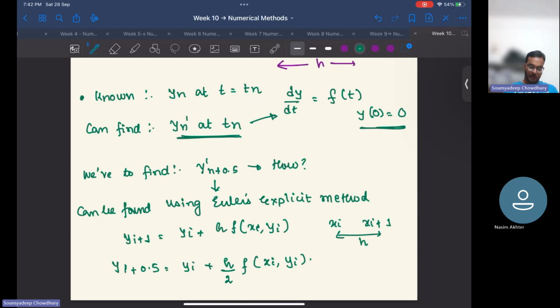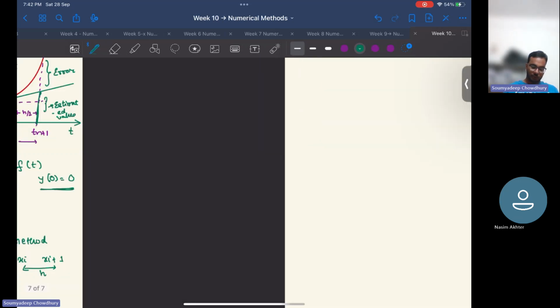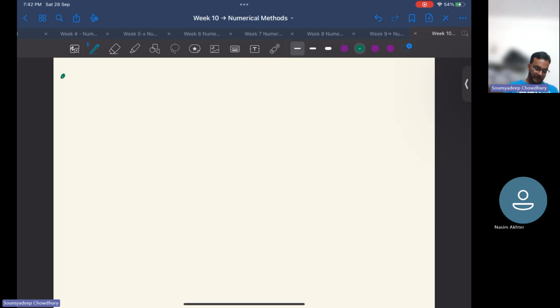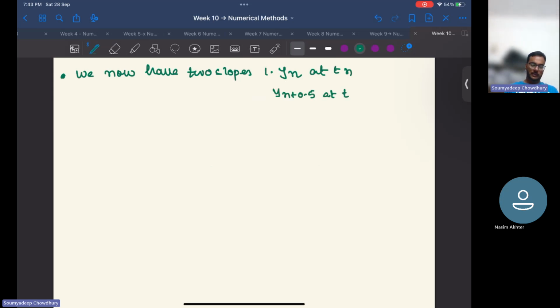Using this, you can find yi plus 0.5, and this can be used. So now we have two slopes: yn is known to us at tn, and yn plus 0.5 is also now known to us at tn plus half.